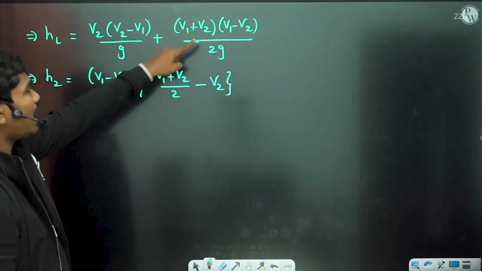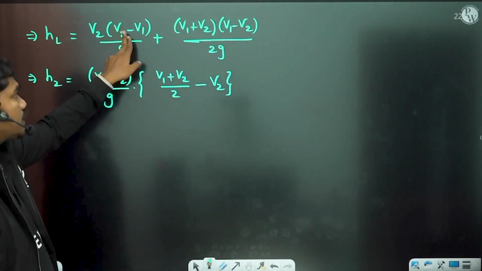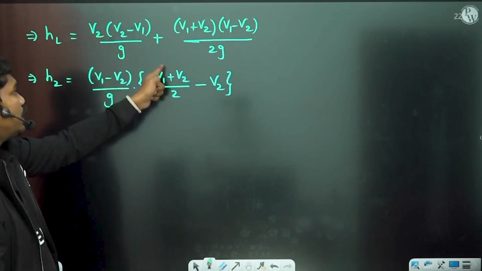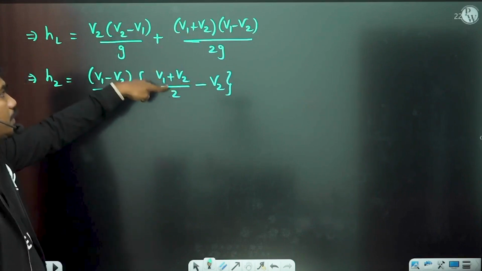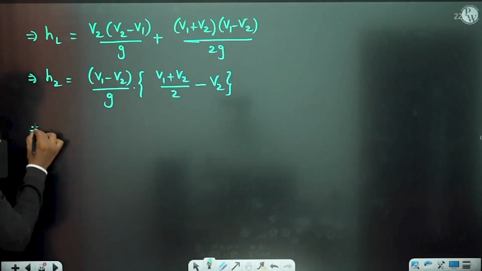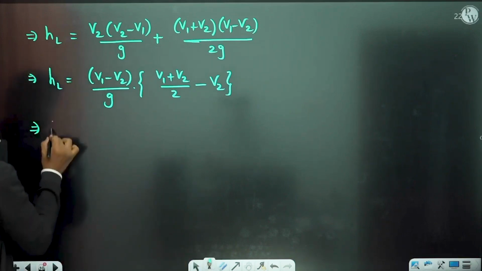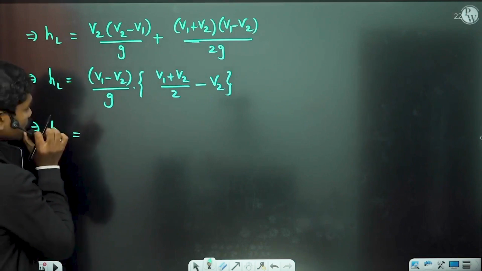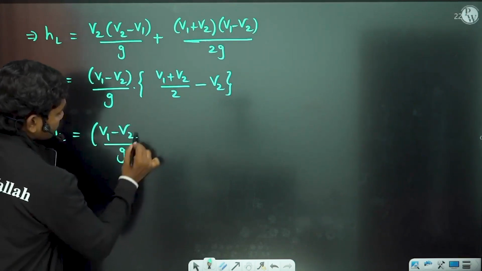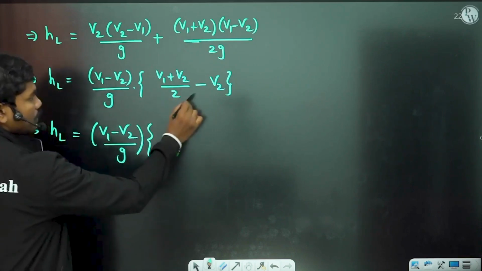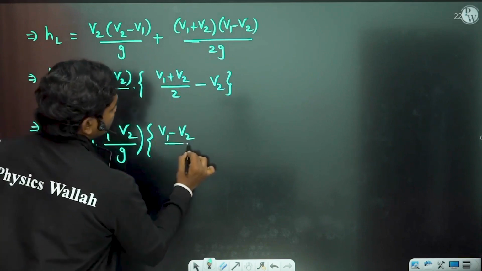In these two terms, we have this V1 minus V2 term. So we have taken V1 minus V2 by g common, but here there is V2 minus V1, so there comes a minus sign here. So minus V2 plus V1 plus V2 by 2. Now if you simplify this expression, HL is equal to V1 minus V2 by g times of V1 plus V2 minus 2V2, so total V1 minus V2 by 2.